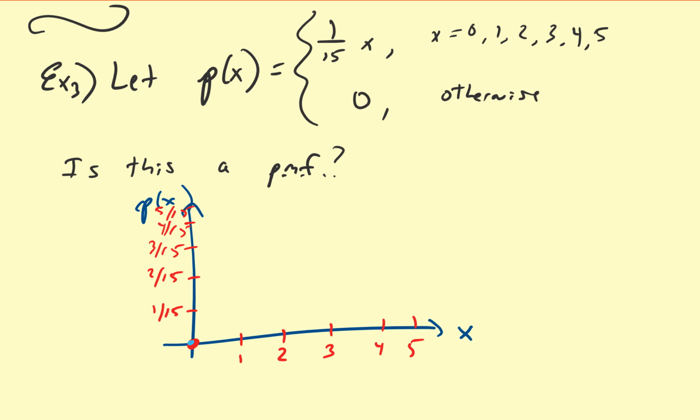So if we plot all our values, then we should get a discrete line. So it's always increasing, and definitely it's always positive, right?